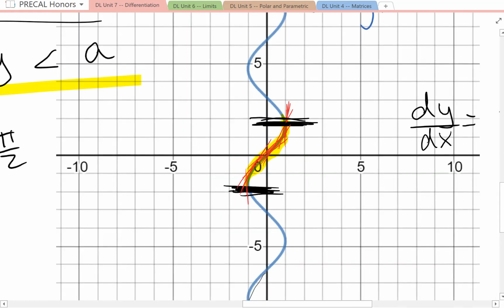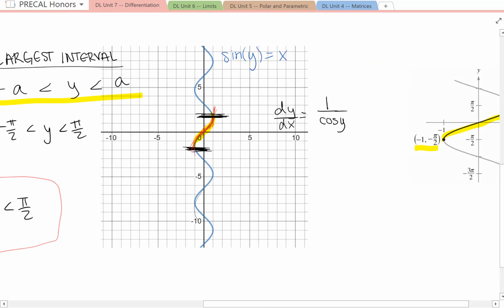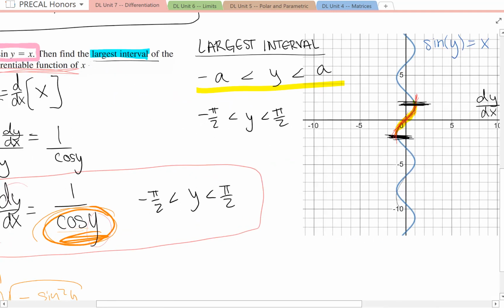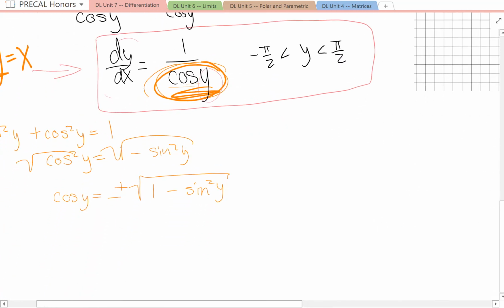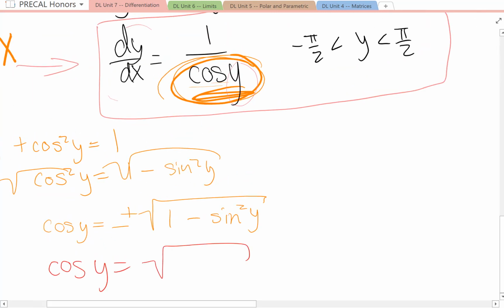So because we chose an interval for which y was between negative a and a, and we're working with sine y equals x, then cosine y is giving me all positive outputs. So cosine y cannot be plus or minus square root 1 minus sine squared y. It is only positive square root 1 minus sine squared y.